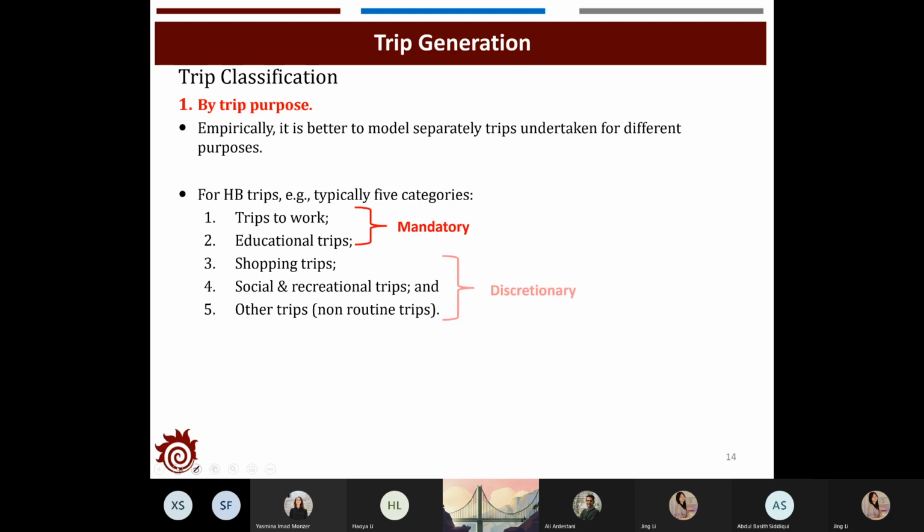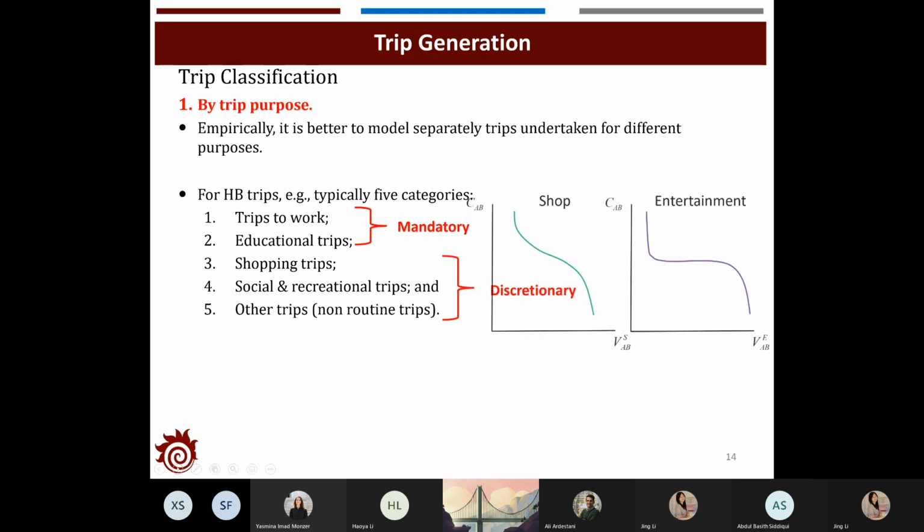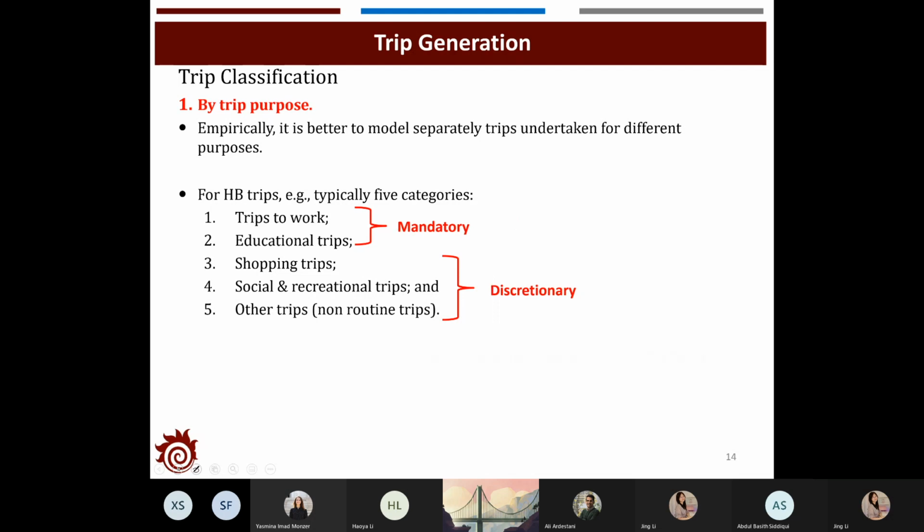But if we check the discretionary trips, the shopping-related trip and entertainment-related trip, it will be very sensitive to the cost, and especially for entertainment, at a certain value, a very small change of the cost will cause significant changes in the volume.